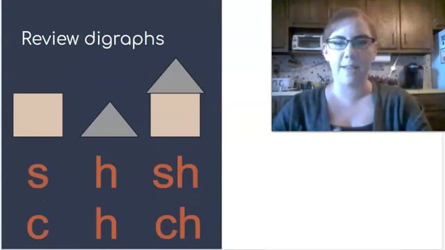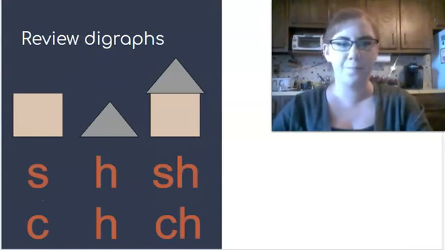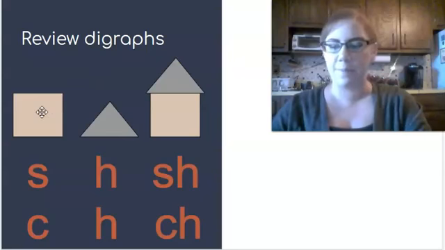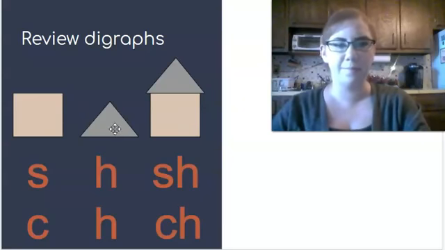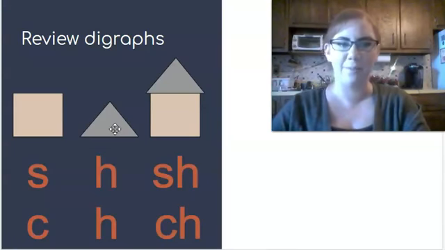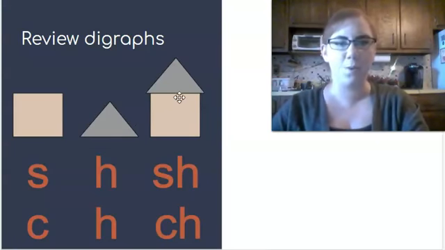Now we're going to take a look at those consonant digraphs. What shape do you see right here? If you said square, you're right. What about here? Yep, that's a triangle. But when we put a square and a triangle together, what do we see here?